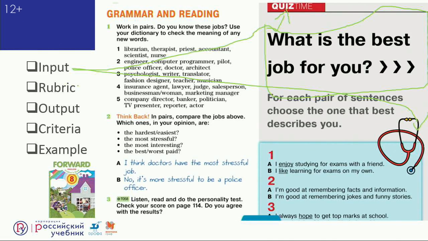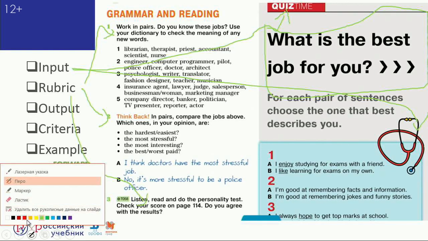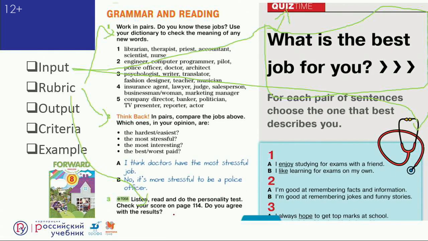The rubric. Work in pairs, do you know these jobs? Use your dictionary to check the meaning of any new words. Think back, that's also a rubric. In pairs, compare the jobs above, which ones in your opinion are right? That's also part of the rubric. Listen, read, and do the personality test. Check your score on page 114. And here, please do note that whenever we have page 114, dialogue A, there is no article in front of them.